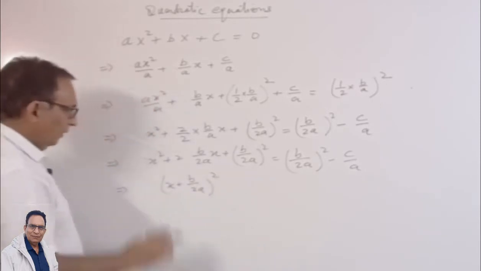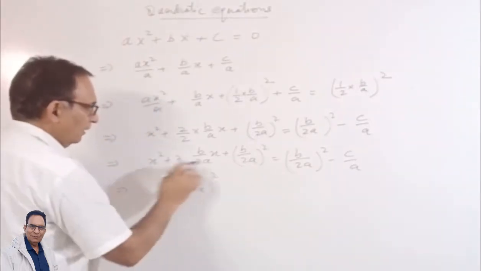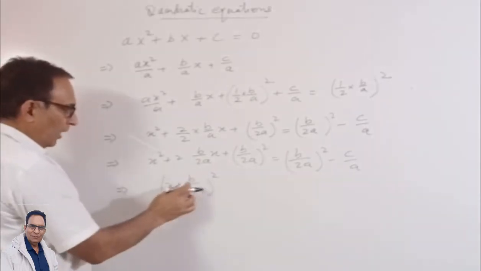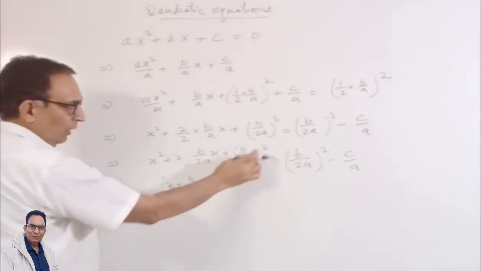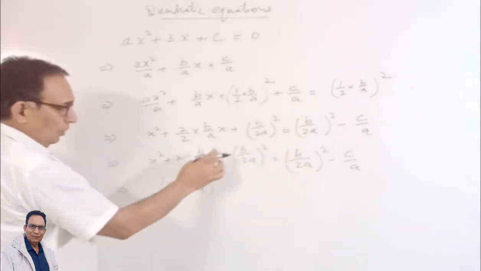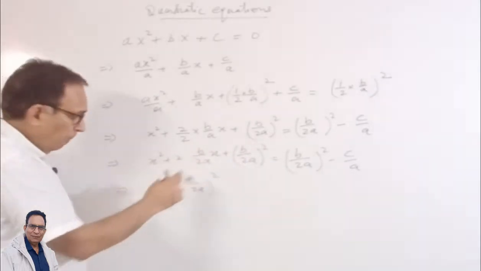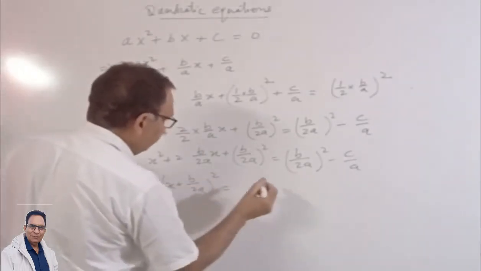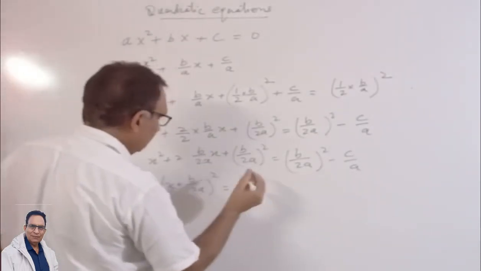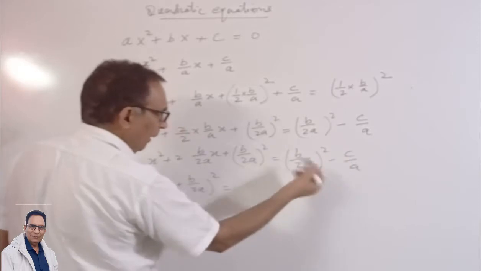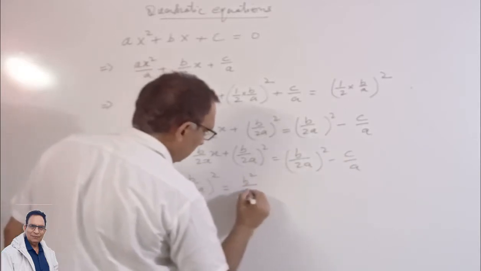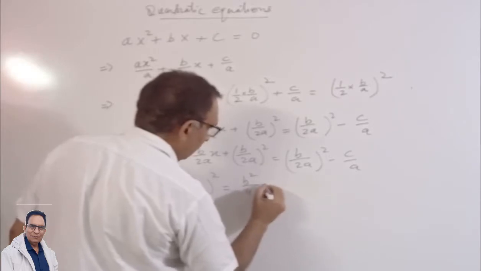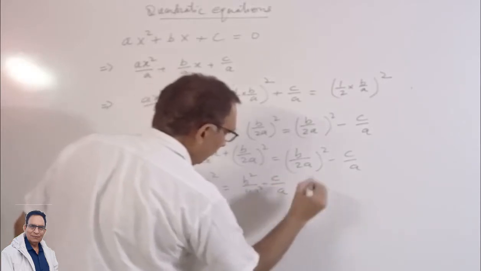So this part is equal to x plus b over 2a whole square. Means x square is here, b over 2a square is here, and double of the product of the two. And this side, you just open the bracket, and here I say b square over 4a square minus c over a.